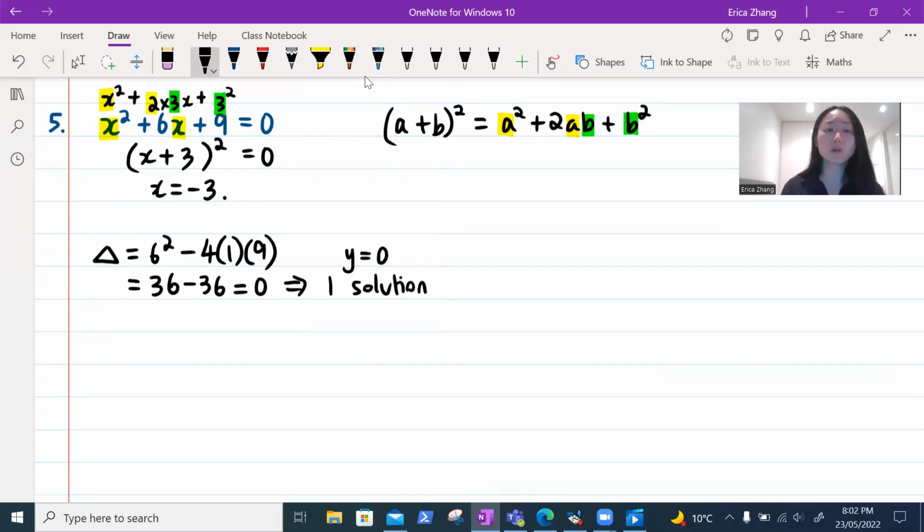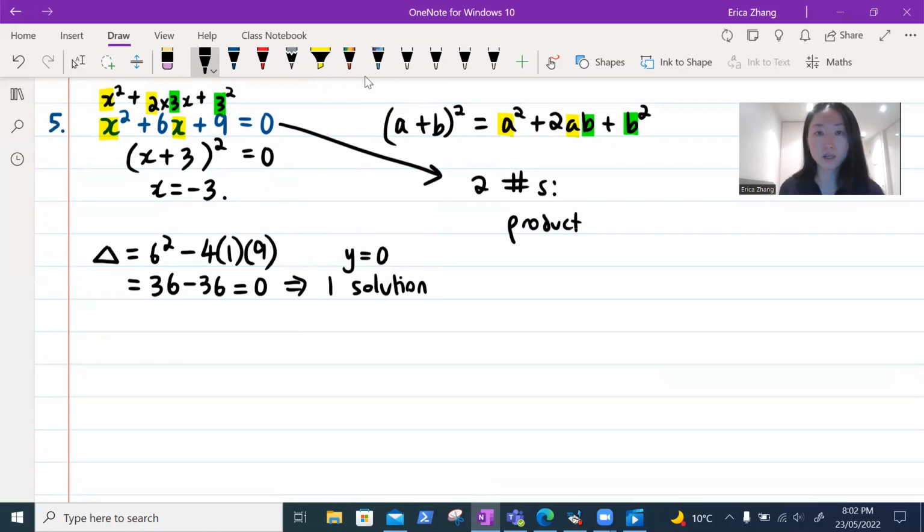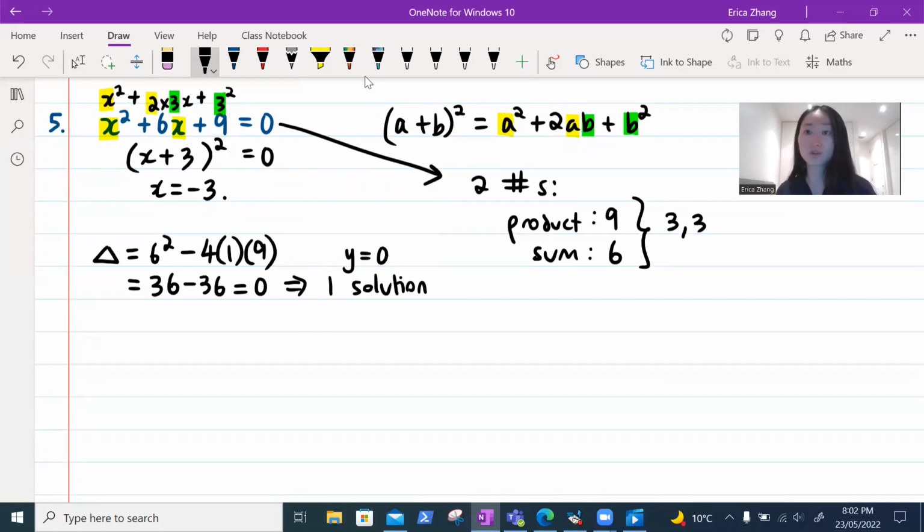Now, let's say we were not able to recognize that x squared plus 6x plus 9 was a perfect square. That's not a problem. We could have still employed the same technique that we've been using, looked for two numbers whose product is 9 and whose sum is 6. We conclude that those two numbers are 3 and 3, because 9 is equal to 3 times 3 and 6 is equal to 3 plus 3.